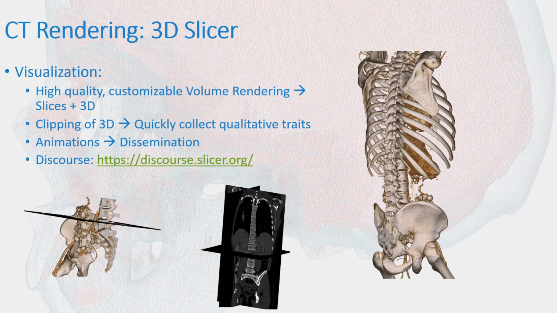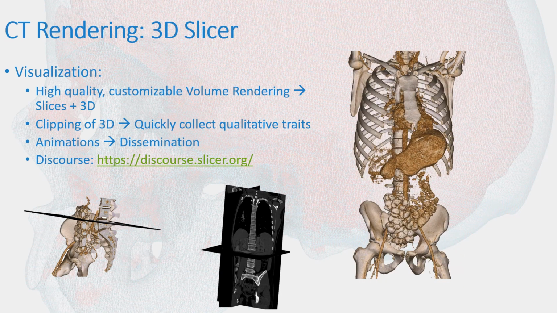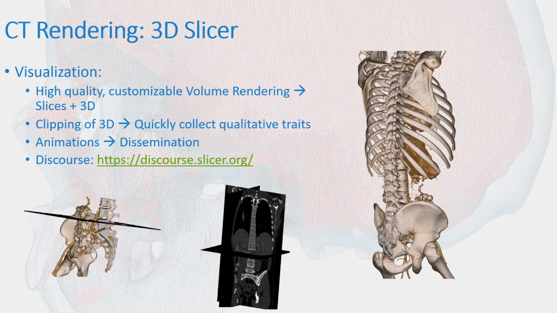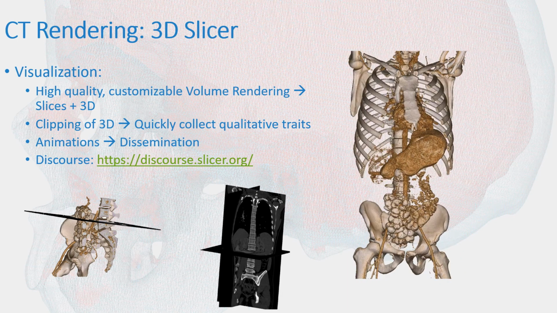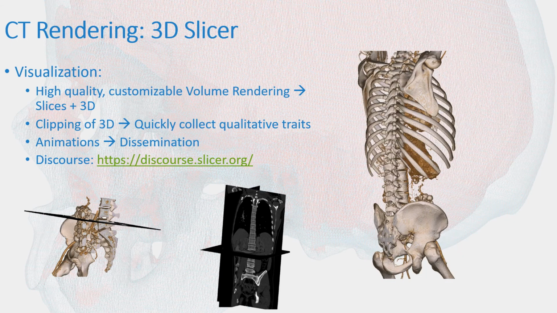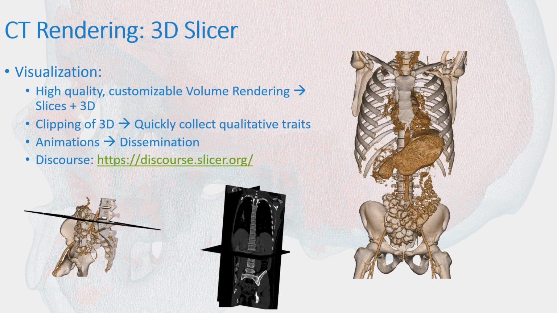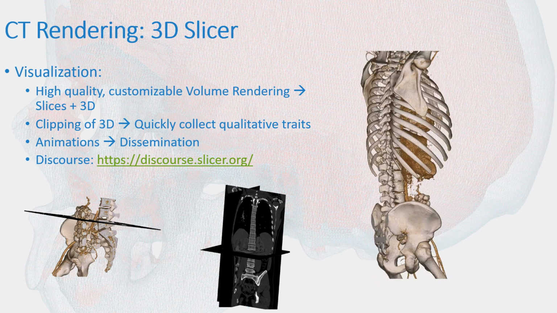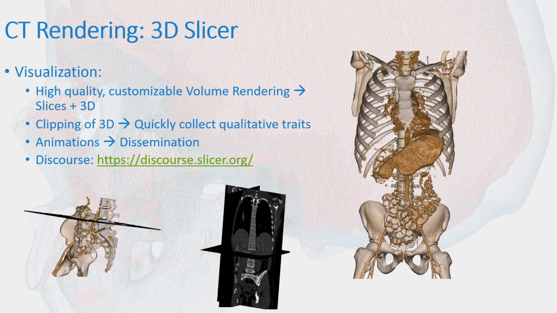Interaction with the volume rendering includes custom rendering options by altering preset transfer functions and cropping of specific areas of interest, a collection of measurements and non-metric traits, simultaneous visualization of 2D orthogonal slices and the 3D volume rendering, and generation of animations for dissemination.